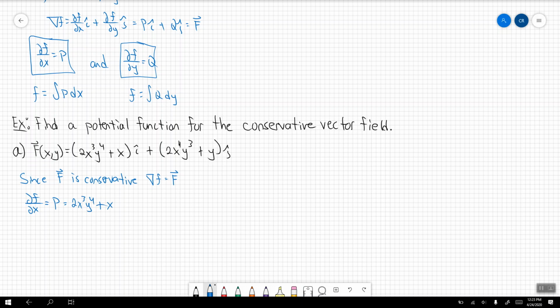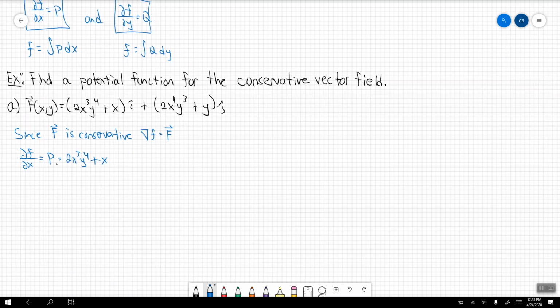So at this point I now want to solve for this specific function, which will be my potential function. So 2x cubed y to the fourth plus x. Again, I'm going to differentiate both sides. Excuse me, I said differentiate and I meant integrate. So I'm going to integrate 2x cubed y to the fourth plus x, dx.